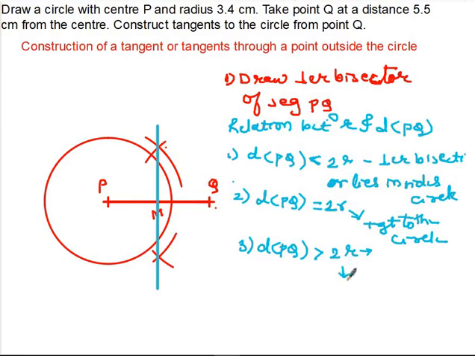And when PQ is greater than 2 times r, the perpendicular bisector lies near to point P. So these are the three possibilities here.